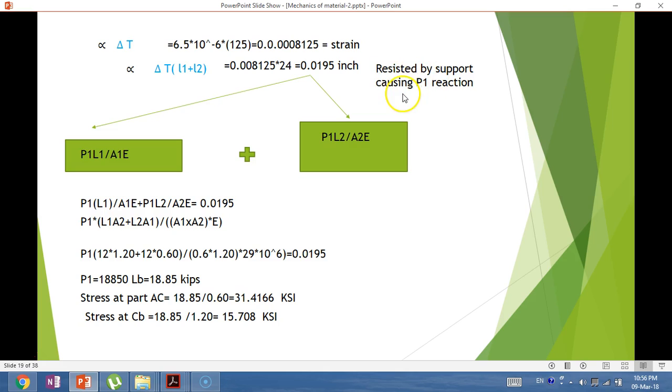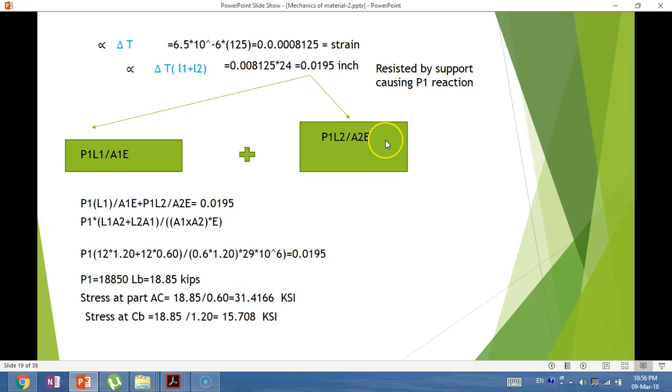This will be resisted by the support, causing a reaction P1. This is the summation of the two portions, and we have stress due to the force which was created. The elongation of the first bar is P1 L1 over A1E, plus the elongation of the second bar, which is equal to P1 L2 over A2E.